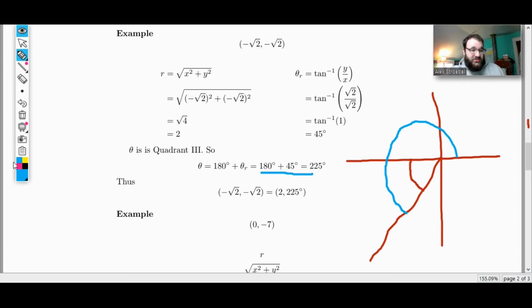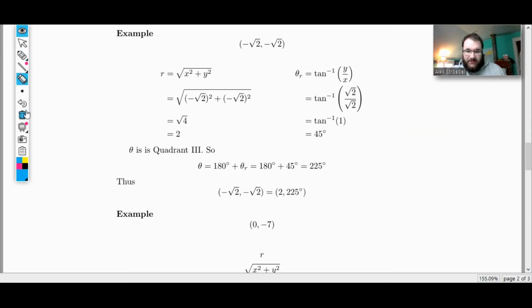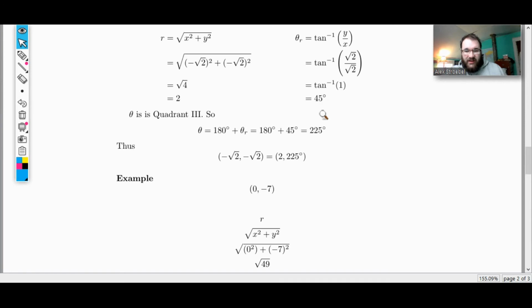That gives us 225. So we have our r and our theta, and that gives us our point. Our point would be 2 and 225 degrees.